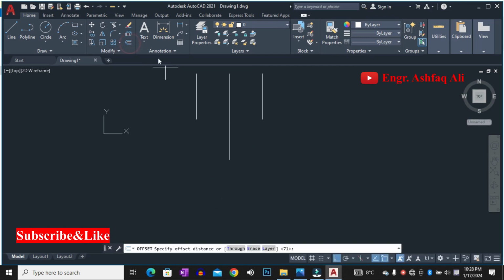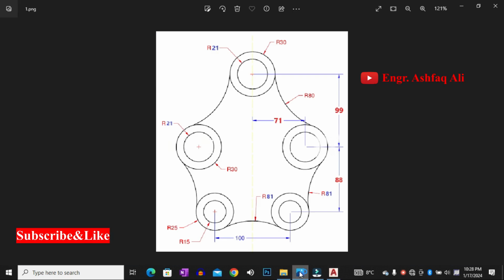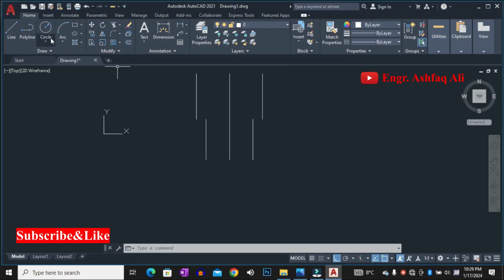Again, select offset and give a distance of 50 and offset this line.